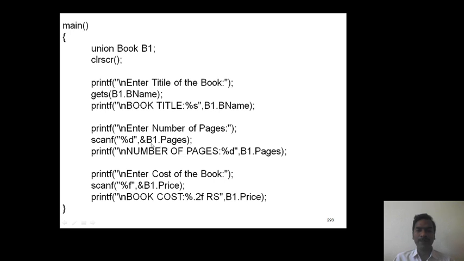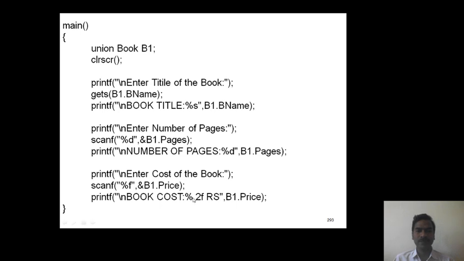Now we read the b1 dot pages value and immediately print the number of pages. And the third member, price. So enter cost of the book. Now read the b1 dot price value, and immediately we print the book cost value. In such a way we create a union data type.